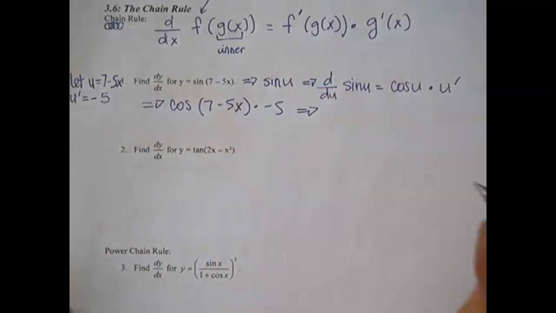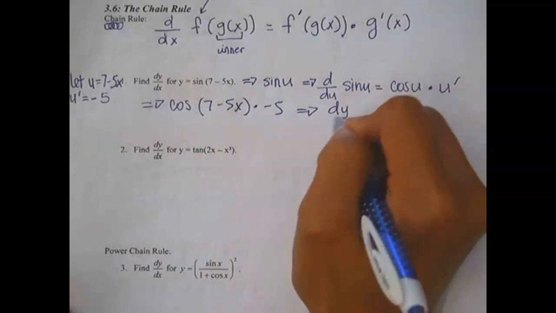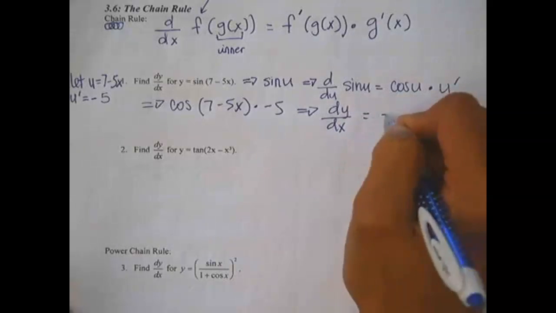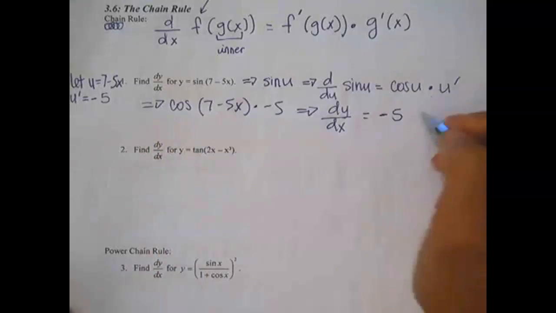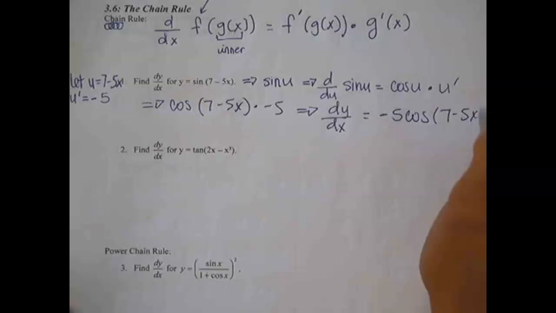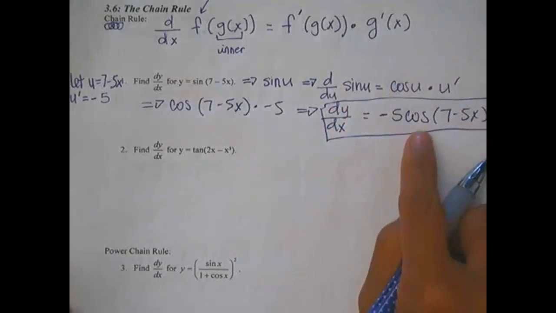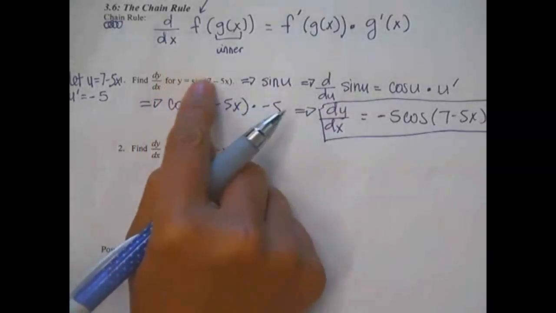Just because I want to make it pretty, dy with respect to dx now is just going to be negative 5 in the front, cosine of 7 minus 5x. So this whole thing is now the answer to the derivative of this.